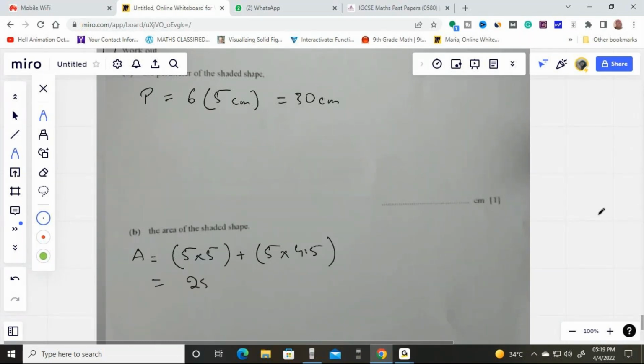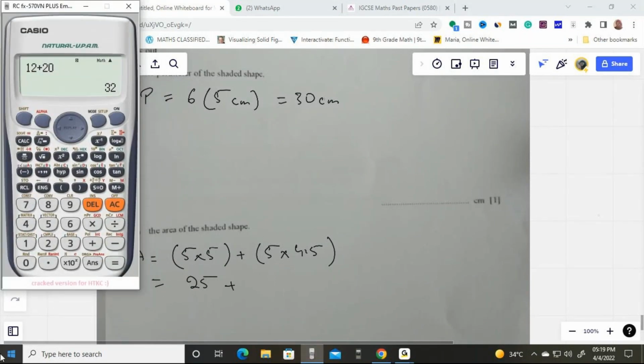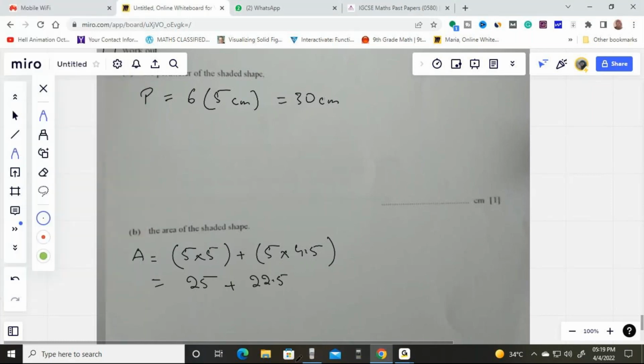So 25 plus 22.5. Centimeters square. This will be your answer.